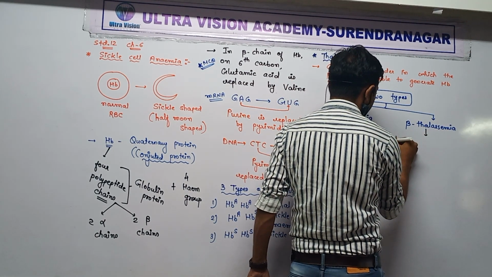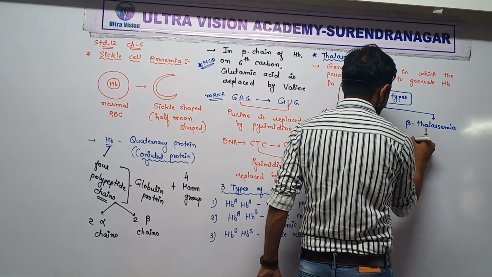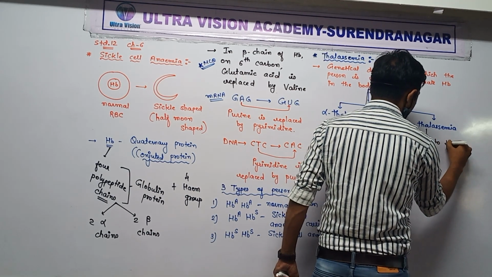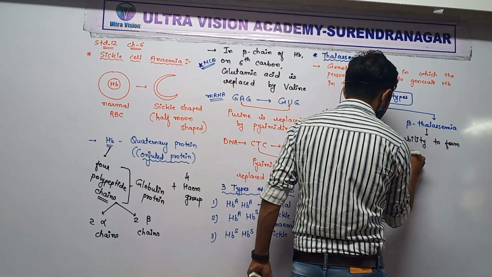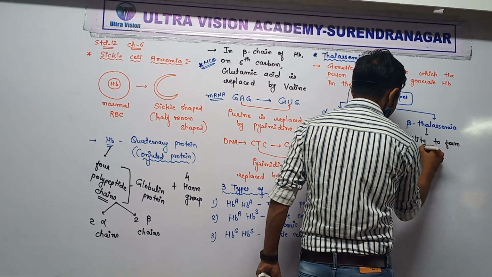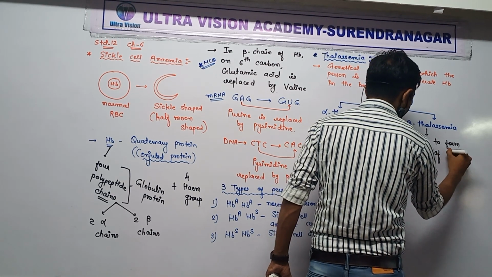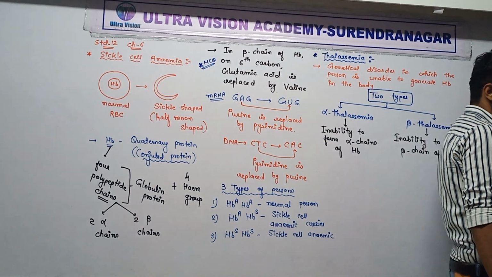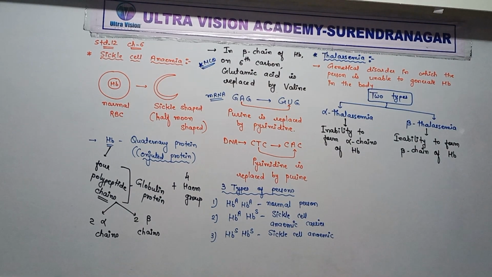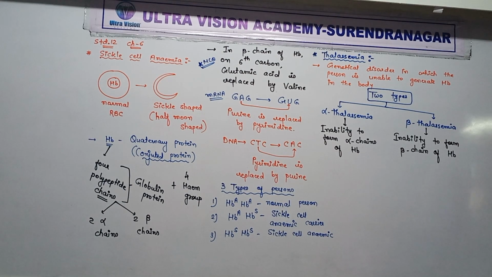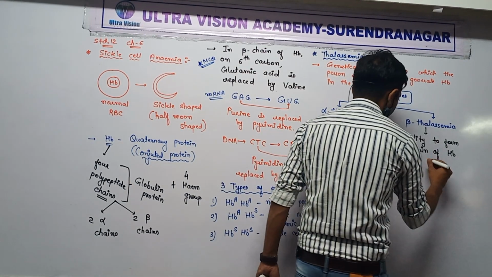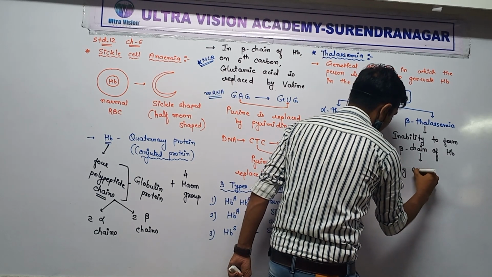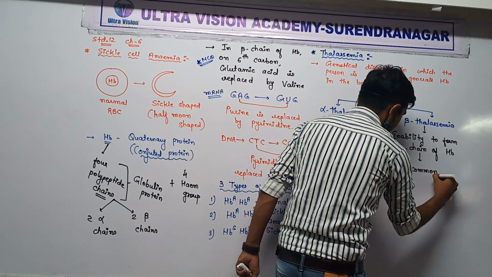In beta thalassemia, there is inability to form the beta chain of hemoglobin. Beta thalassemia is very common in India.